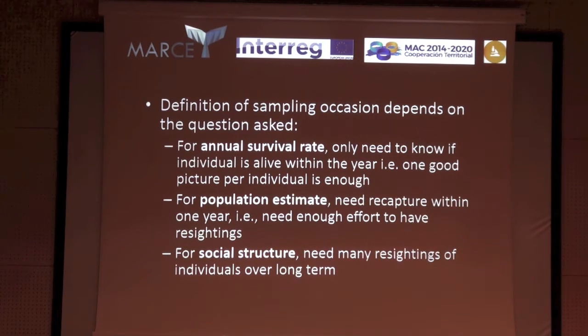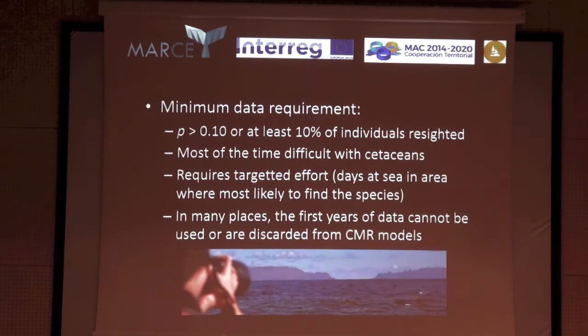If you want to do population estimates within that same year, then you need to recapture the same individual within that year, so you need enough effort to have resightings of those individuals. If you want to look at social structure, then you need a lot of resightings of individuals seen together over the long term to understand how each individual relates to the others.